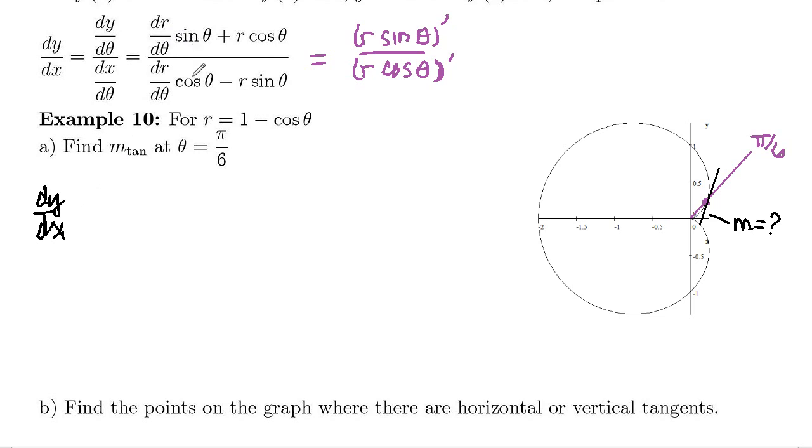So our dy dx is dr d theta sine theta plus r cosine theta. Here's our r, so dr d theta is the derivative of 1, which is 0, and the derivative of cosine is negative sine with another negative, so dr d theta is sine theta, times another sine theta, plus r, which is 1 minus cosine theta, times cosine theta.